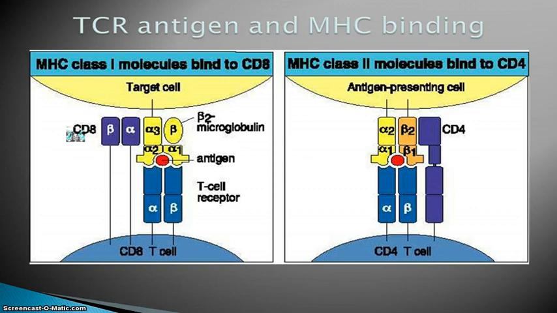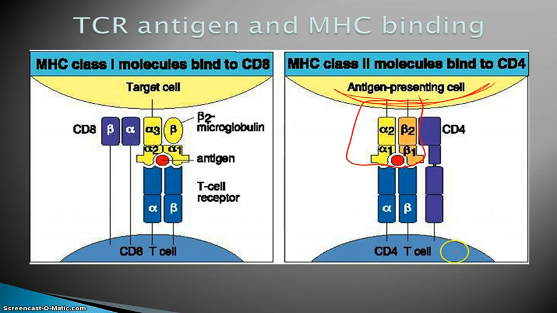Let's start with the antigen-presenting cell. Antigen-presenting cells, APCs, dendrites and macrophages, are the only cells that have MHC class 2 molecules. So this is the MHC class 2 receptor loaded on the outside of this antigen-presenting cell.